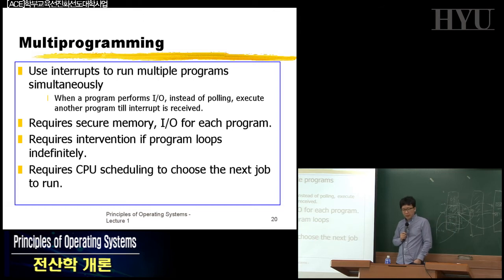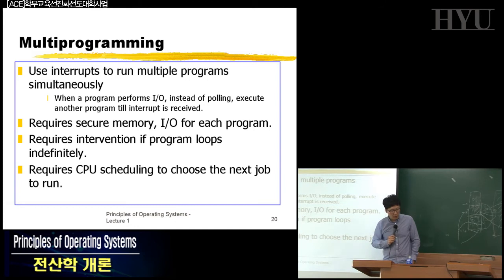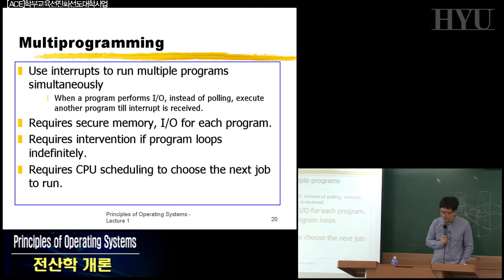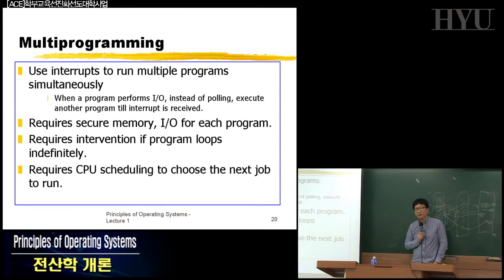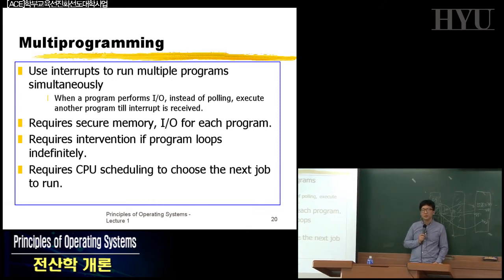So multi-programming requires secure memory I/O for each program, and requires intervention if program loops indefinitely. What if your program has an infinite loop? Let's say in your pseudocode, your algorithm, you made some mistake, or even in your program you made the mistake that your loop never ends.